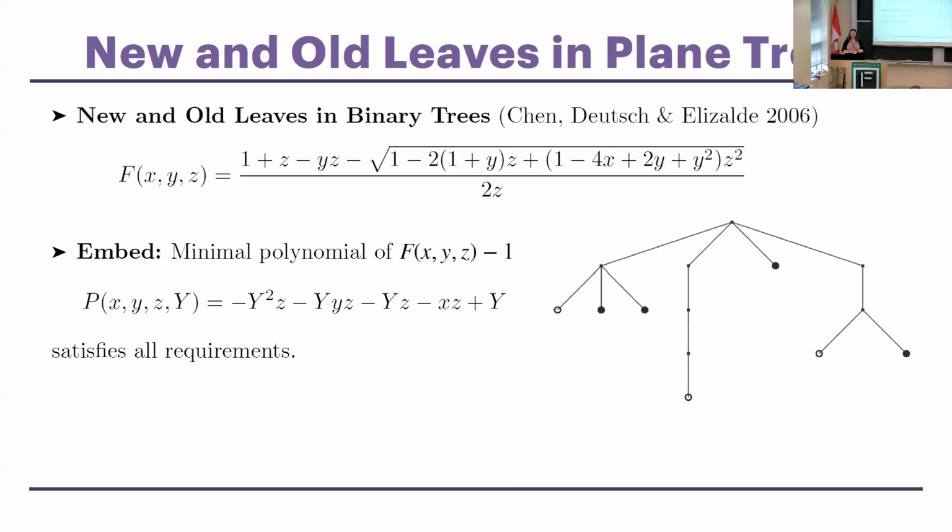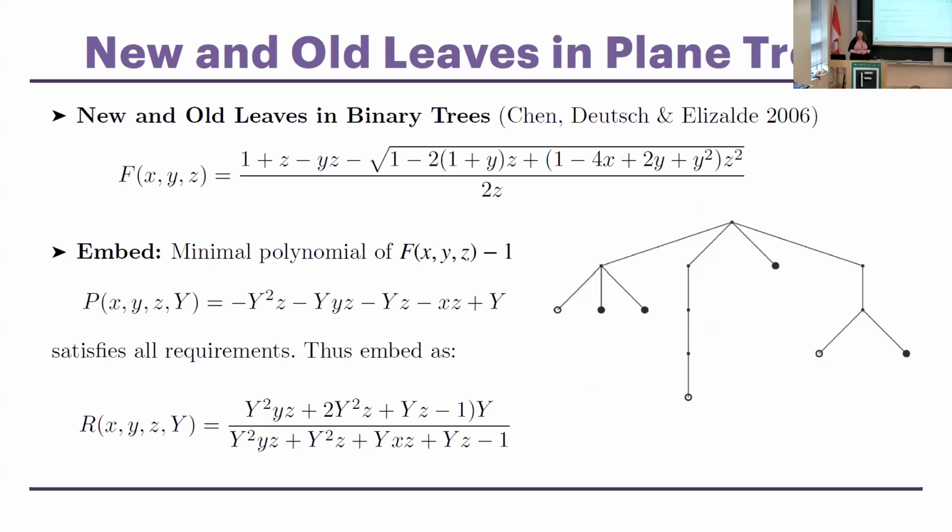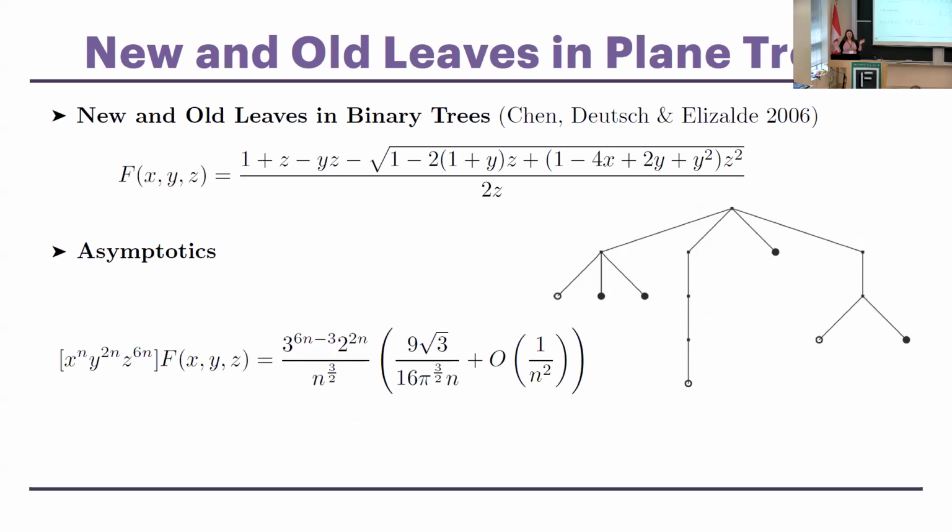We can embed this using f of x, y, z minus 1, and it satisfies all of our requirements. We get our embedding, and again find asymptotics. In this case, I chose a direction where the number of leftmost leaves is half of the number of young leaves, which is 1/3 of the total number of edges there.